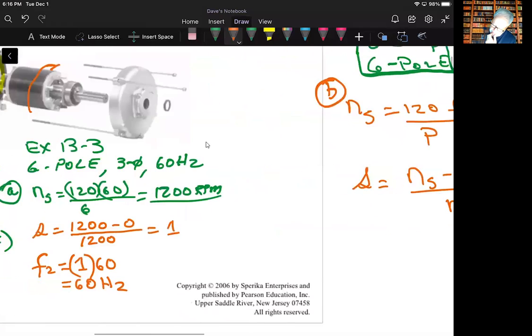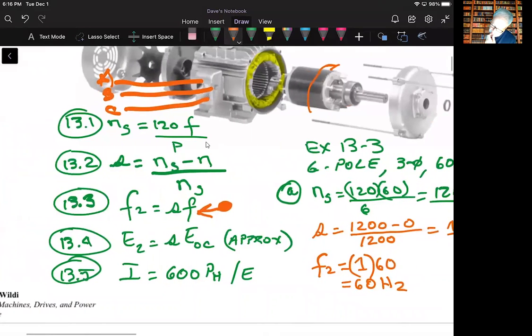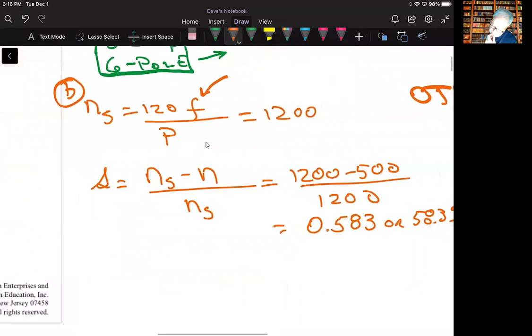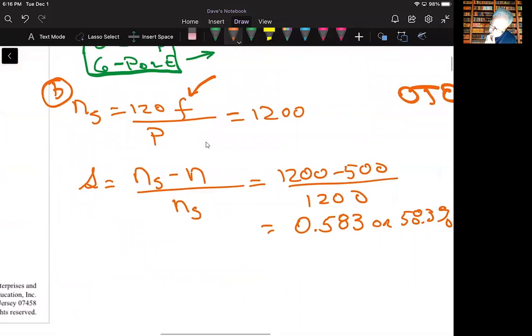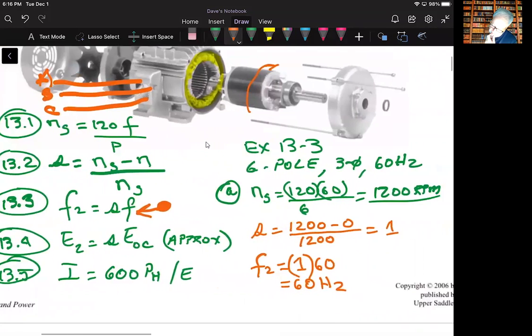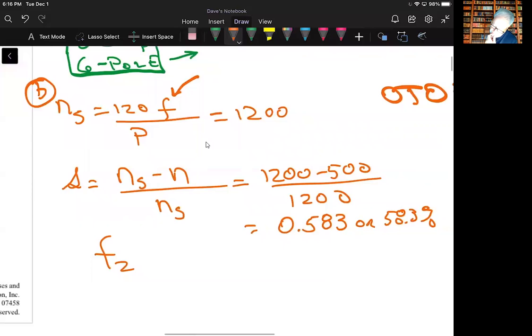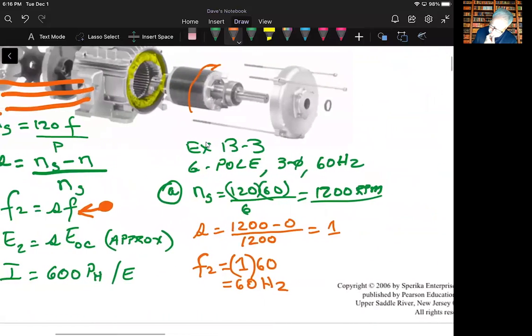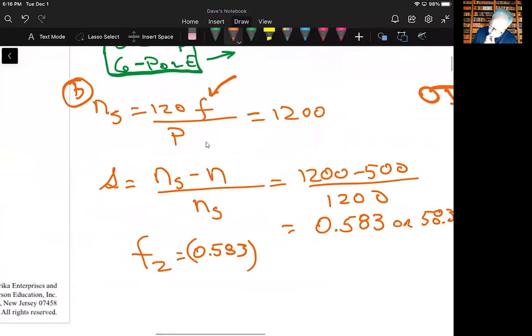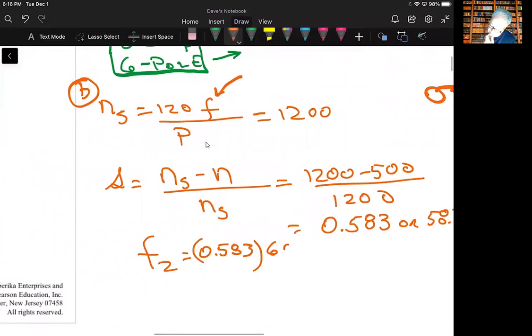Okay, so that is the new slip that we work with. The frequency, which is going to be this equation 13.3, the frequency in the rotor, does he say F2? Yes, F2 is going to be this slip, 0.583, times the frequency of the source, which for us is 60.